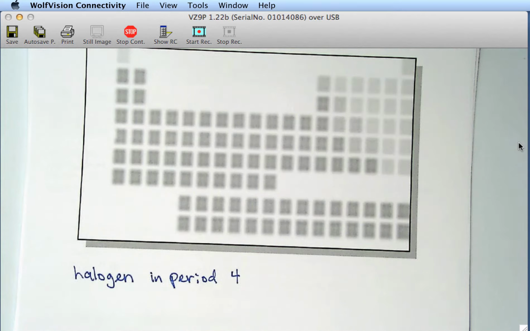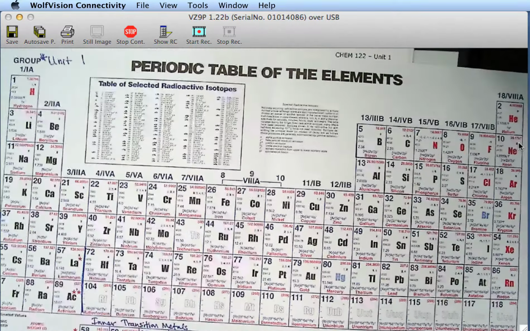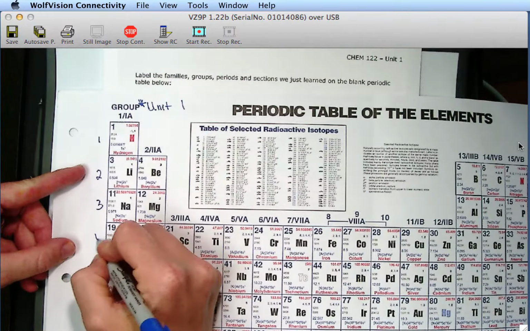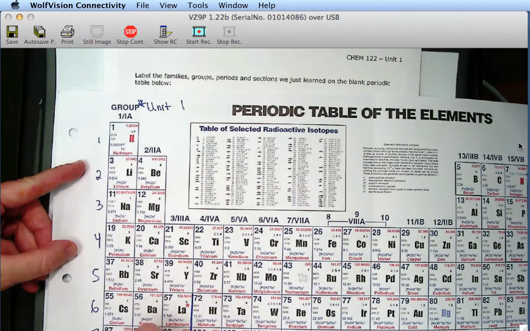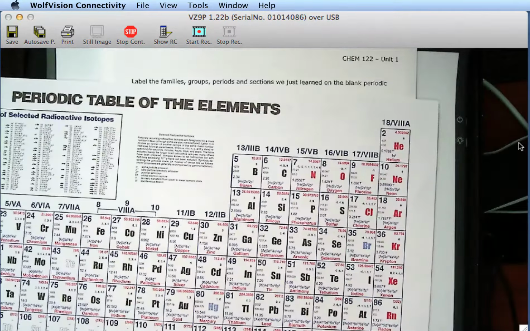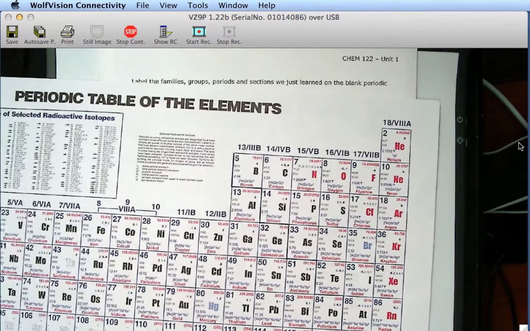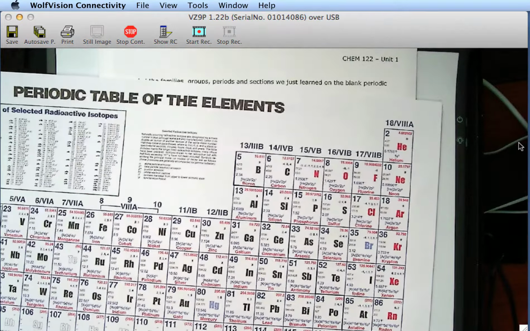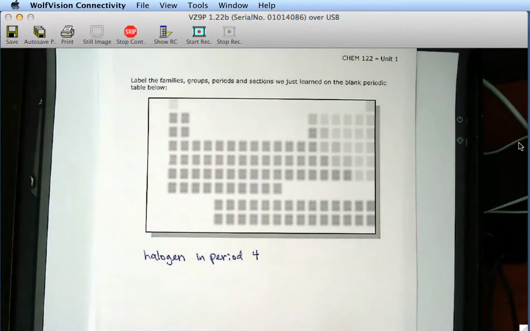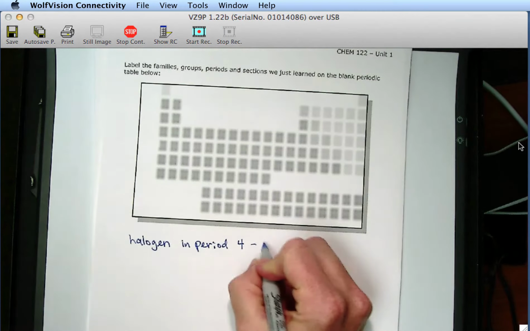I'll show you. So my periods, this is period 1, 2, 3, 4, 5, 6, 7. Halogen is group 7. So when I say period 4 halogen, you're absolutely right. That's bromine.